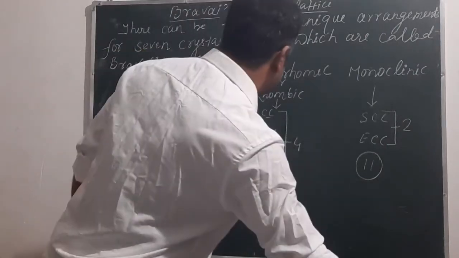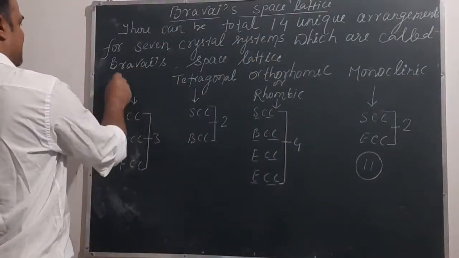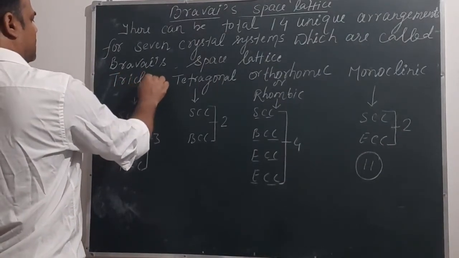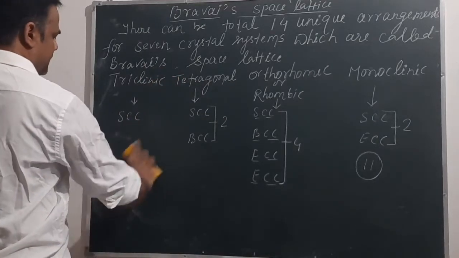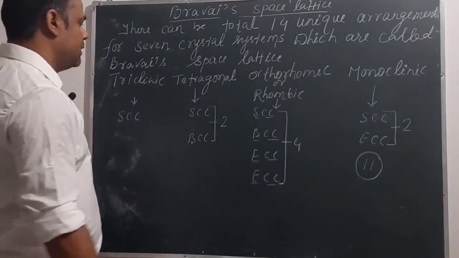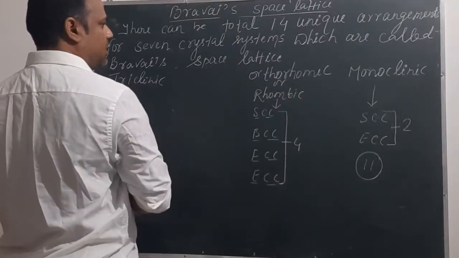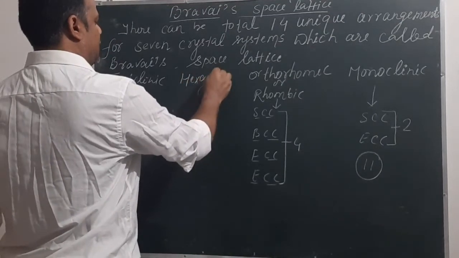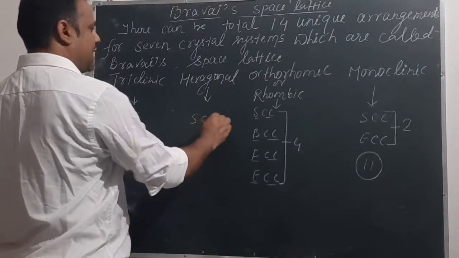Now the remaining: after monoclinic we have triclinic, and it has only one, that is simple cubic unit cell. Next, after triclinic, hexagonal, it also has only one, that is SCC.